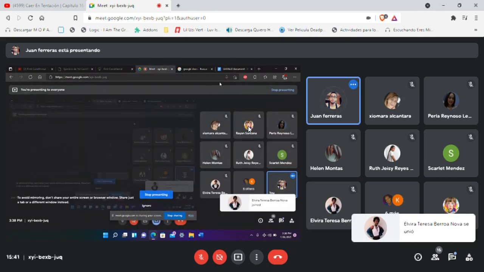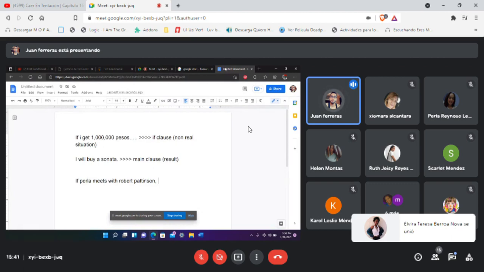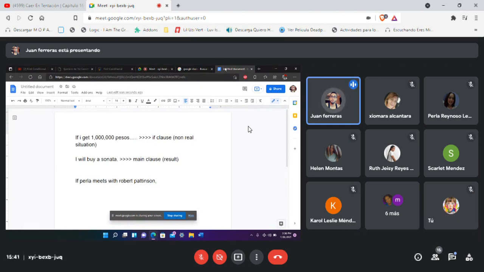Okay. So if we use the if clause at the beginning of the first conditional statement, we have to use a comma to divide the if clause and the main clause. So if Perla meets with Robert Pattinson, she will pass out.